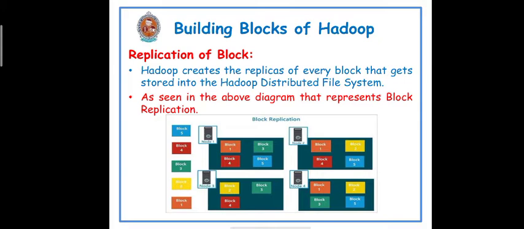And so the same for blocks 3, 4 and 5 in the respective nodes. Apart from these replicas getting created, every block has been replicated thrice, that is, Hadoop follows a default replication factor of 3, which means any file that you copy into the Hadoop Distributed File System gets replicated thrice.